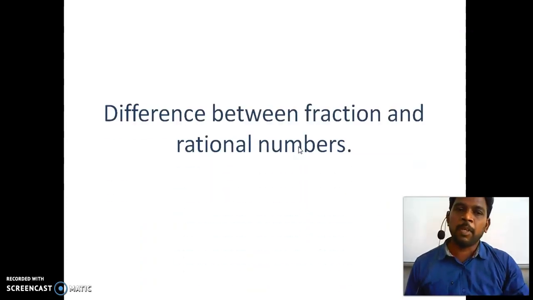So the difference between a fraction and a rational number is that a fraction contains only positive integers in its numerator and denominator, but a rational number can contain negative numbers also, as in our previous example. So that is the difference between fractions and rational numbers.